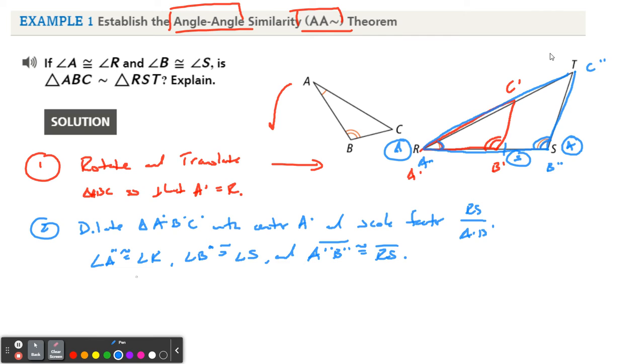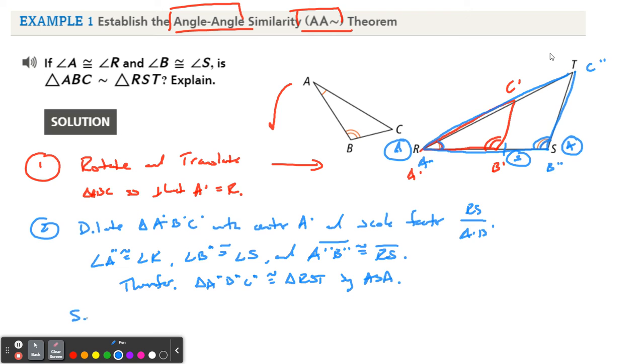Therefore, triangle A double prime, B double prime, C double prime is congruent to triangle RST by angle, side, angle. I know the idea is that they're similar, but through a similarity transformation, you're able to make one figure go exactly on top of the other. You're able to get it to be congruent. So if you can get it to be congruent, that means that the original figures are similar to each other.